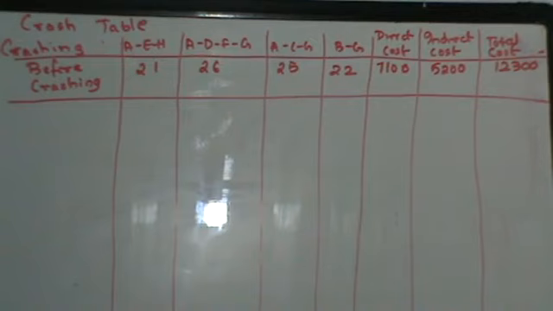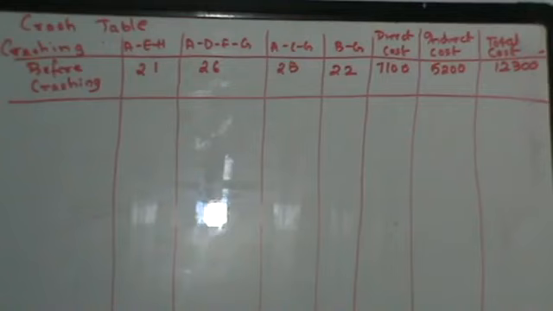The highest, rank 1, will be crashed first, then second and so on. Now let's see this. My critical path is ADFG. A has rank 3, D has rank 2, F is not considered, G has rank 1. So when you start with crashing, you will crash G first.